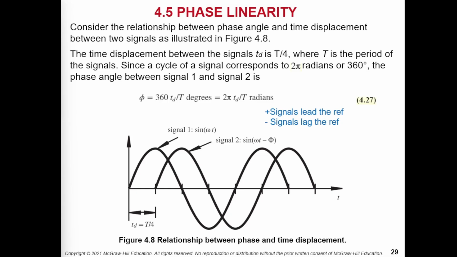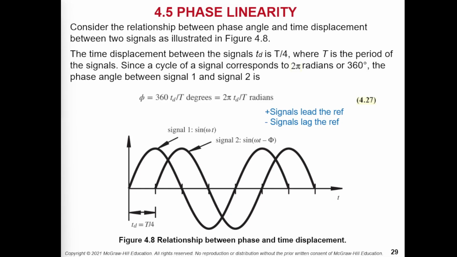So phi is equal to 360 divided by t, and this is f, right?